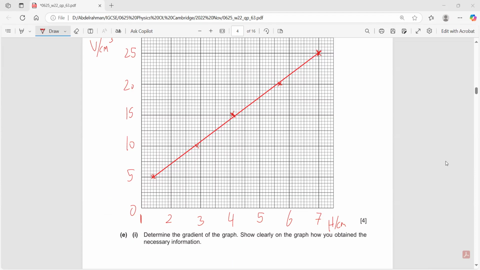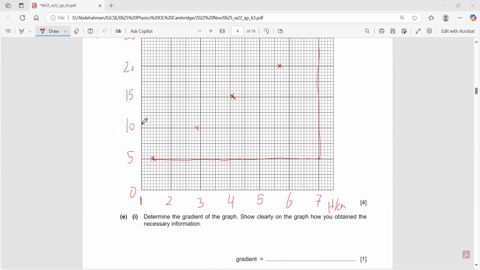Can I find the gradient? Yes, to find the gradient, you have to use the triangle method using the two furthest points. Again, do not use two very close points. You have to use two very far away points. Let me remove this line.